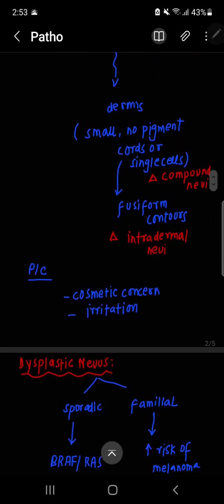The person will only present with some cosmetic concern. There may be some irritation which may mimic a melanoma, but there isn't anything to worry about. You may do a surgical excision of the melanocytic nevus just for the sake of the cosmetic concern. The important thing is that the compound nevi and the intradermal nevi are a little elevated.